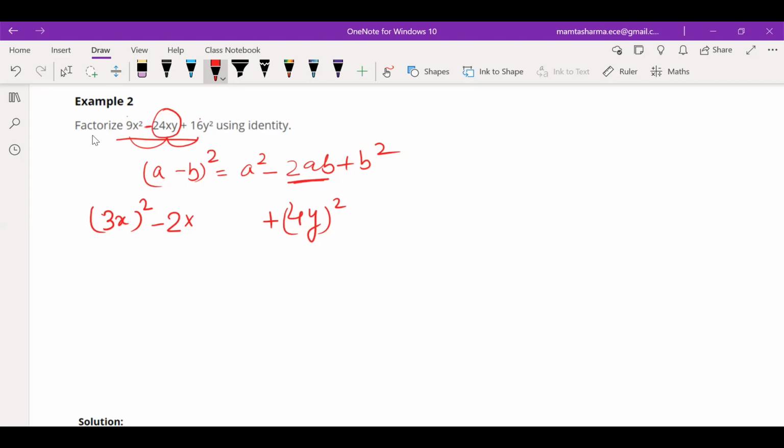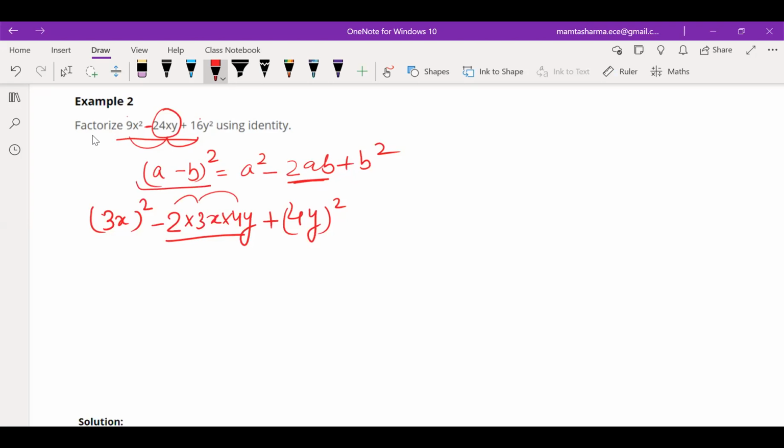Now when you write 2ab, a is 3x and b is 4y. Check it: are you getting 24xy or not? 2 times 3 is 6, times 4 is 24xy. You are getting 24xy, so it means it is fitting in the identity.